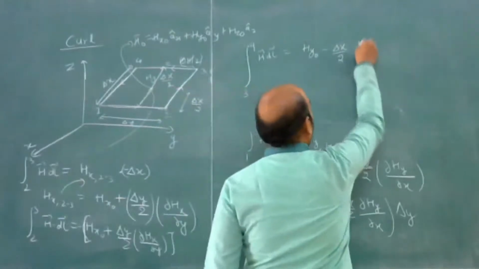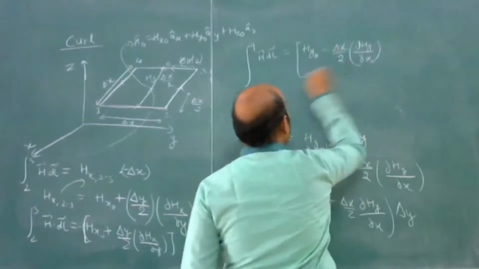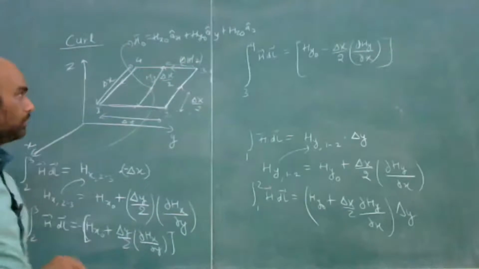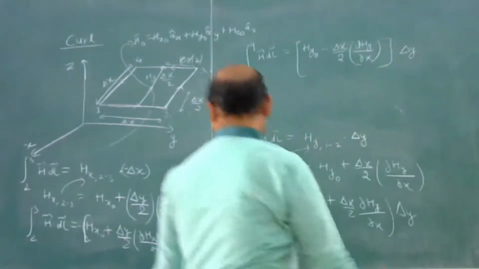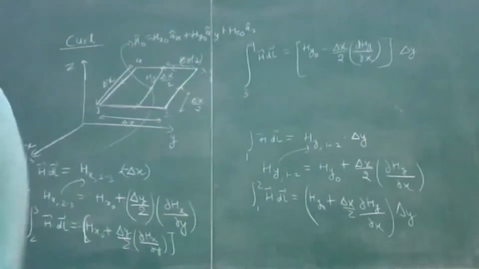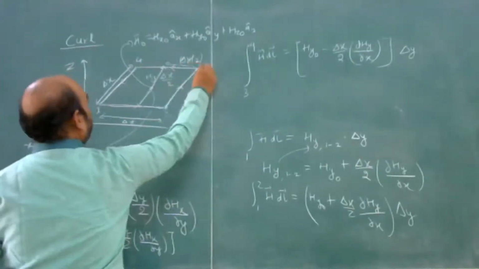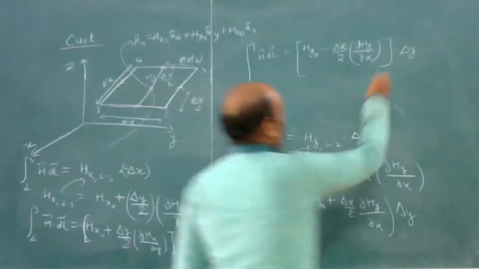So this will be del Hy by del x, all multiplied by this length, delta y. But this will be negative, because from 3 to 4 we are traveling in the negative direction of the y-axis, so this will be minus delta y.